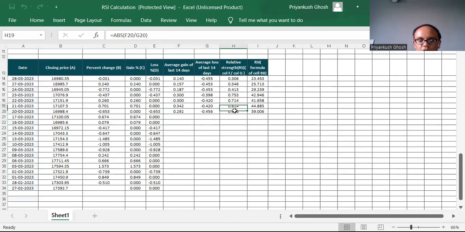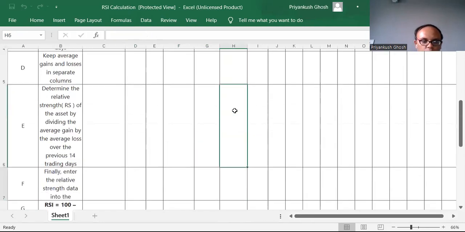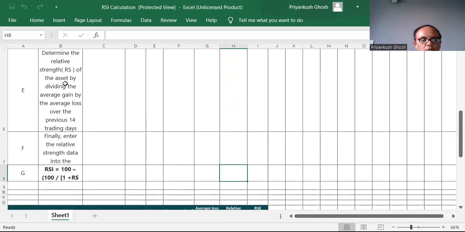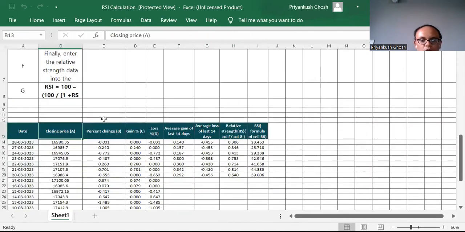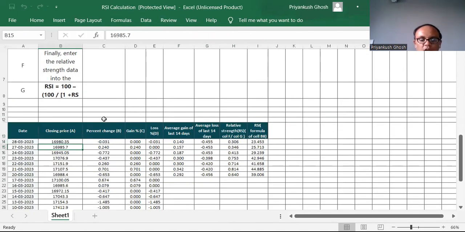Relative strength: determine the relative strength of the asset by dividing average gain by average loss over the previous 14 trading days. It can be that in the last 14 days, 8 days were negative and 6 days were positive. So for the remaining 8 days in the positive column, you will have 0, and for the remaining 6 days in the loss column, you will have 0.